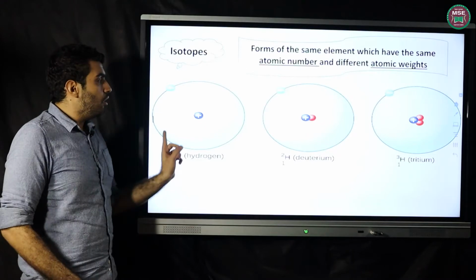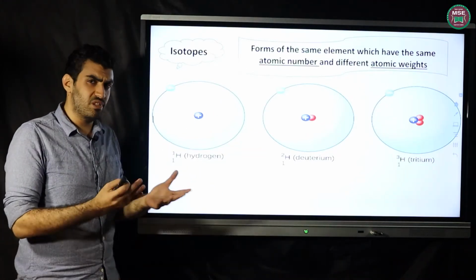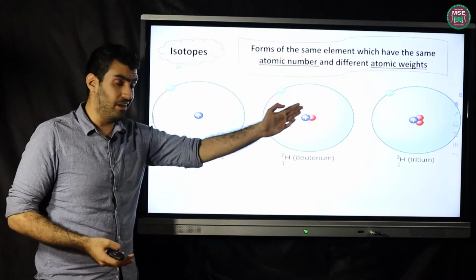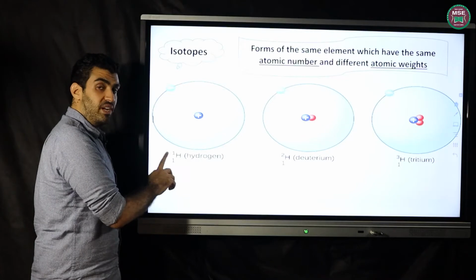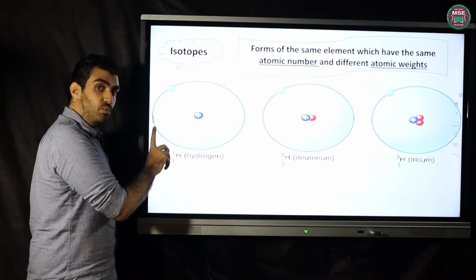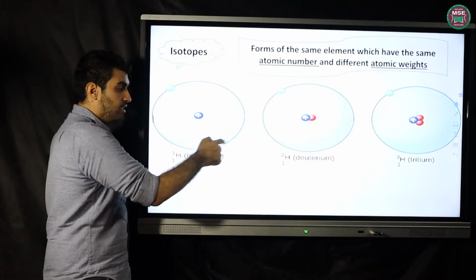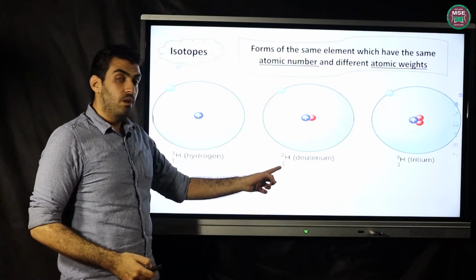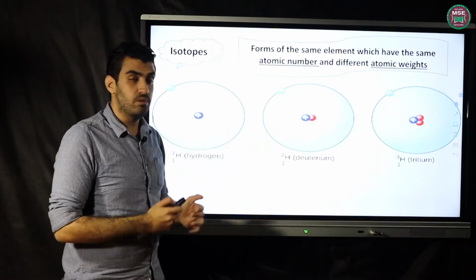Like this, all these elements are hydrogen. What's the difference between them? This one has 1 proton, so it has atomic number equal to 1, and the atomic weight equals 1, so there are no neutrons. Neutrons equal 0. This one has atomic number 1 and atomic weight 2: 1 proton and 1 neutron.